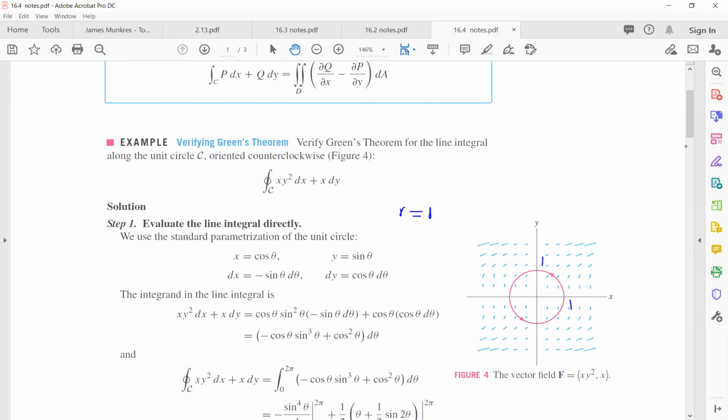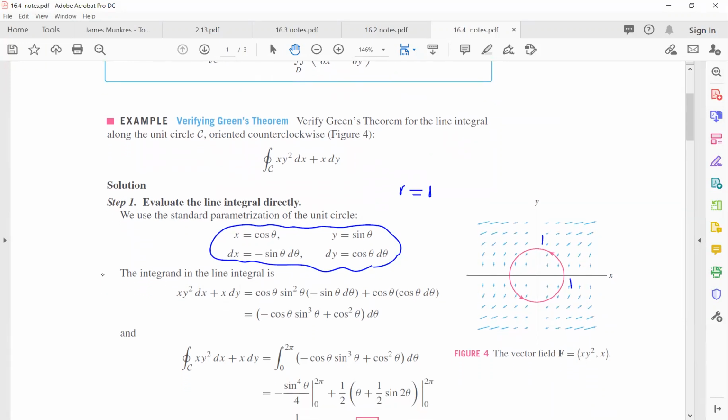Let us substitute everything that we calculated into the integral. Very well. X y squared dx plus x dy is equal to cosine theta sine squared theta, dx is negative sine theta d theta, plus x, which is cosine theta, and dy is cosine theta d theta. Let's combine these together.